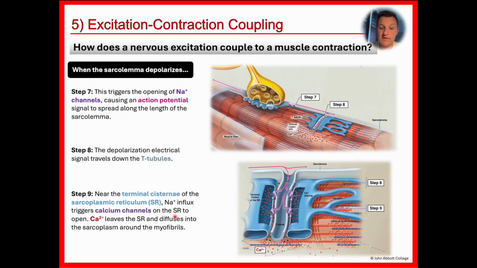Remember that this is like the storage place for calcium, right? Well, this high amount of calcium will then be released into the sarcoplasm all around the myofibrils. You see that over here, these gates of calcium are just releasing all of this calcium into the open of the muscle fiber, right? So that's where we are now.